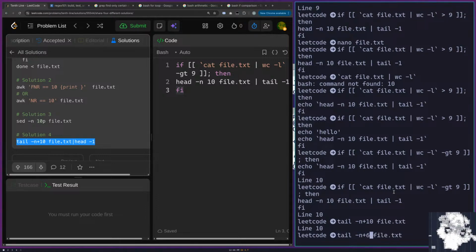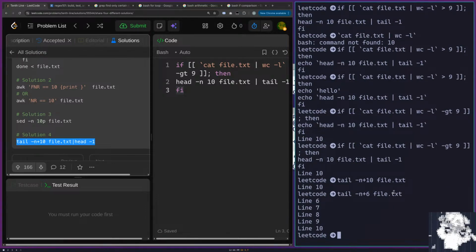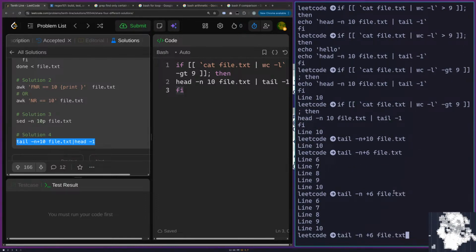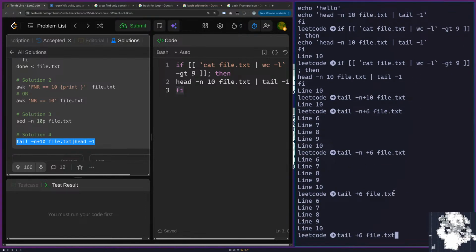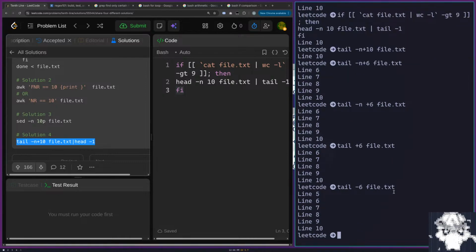What if I do plus 5, plus 6? Oh, I didn't realize that.